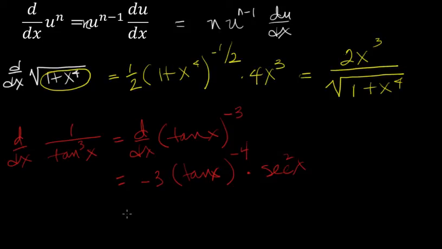So this is our derivative. Again, if you want to get rid of negative exponents, which is kind of nice, we could write minus 3 secant squared x over tan to the fourth x, if you want to simplify it.